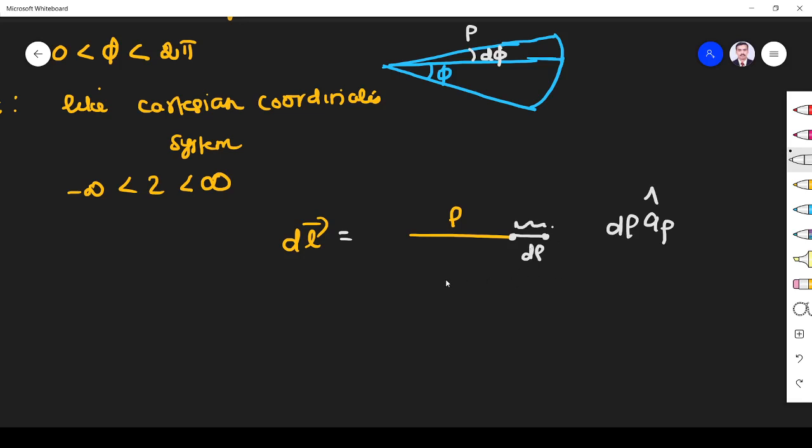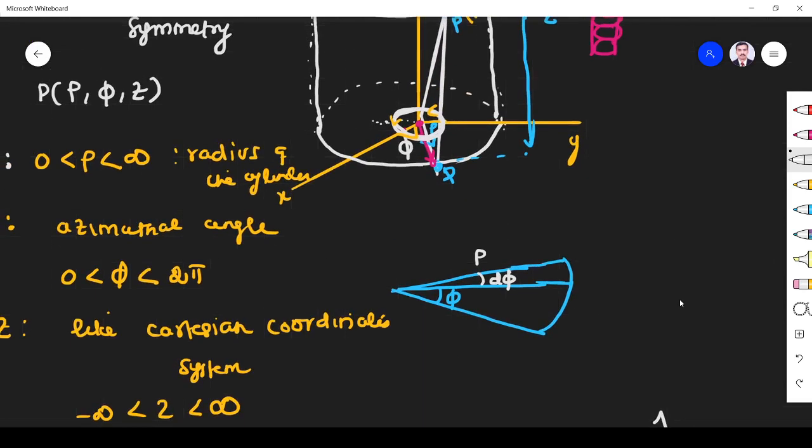Then we have to find the phi direction. For that I have drawn like this. Phi is an angle, so this is phi. Initially the angle of your point is phi with respect to the x-axis. Later it has moved from this angle to this location. So what is the change in angle?